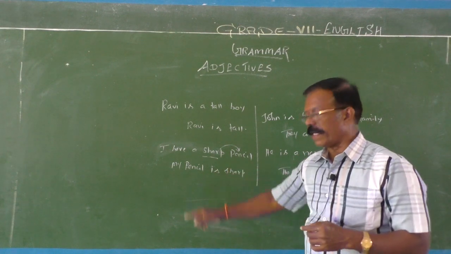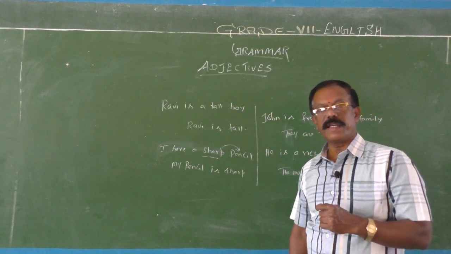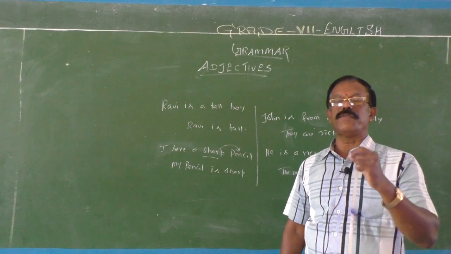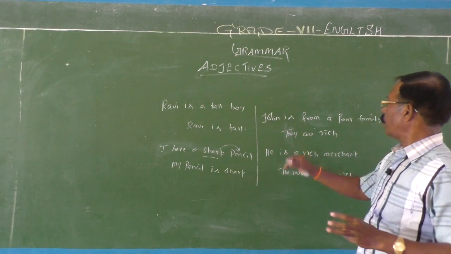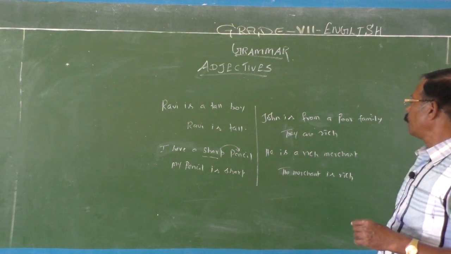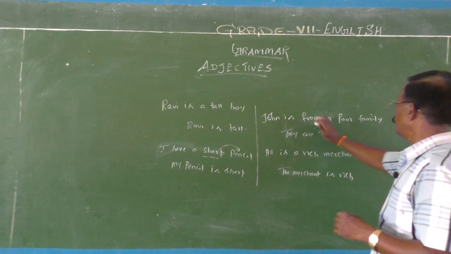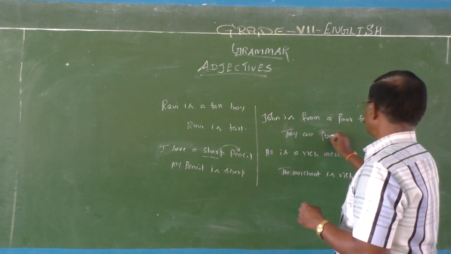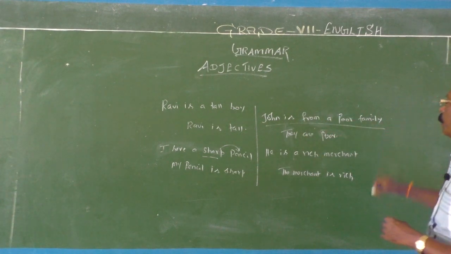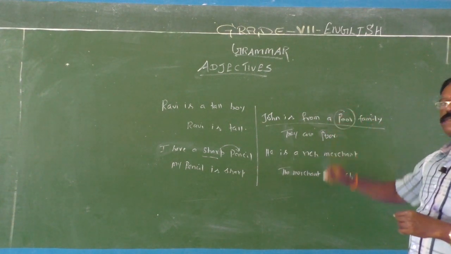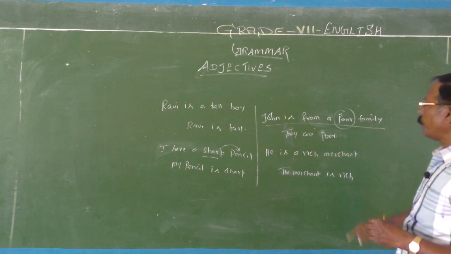It describes the subject of the sentence. So it is a predicative adjective, or it is used predicatively. John is from a poor family. They are poor. See, go through the example. Here poor is an adjective. It describes the word family.